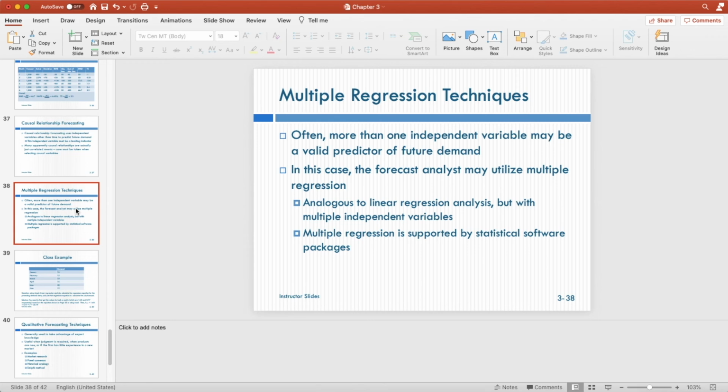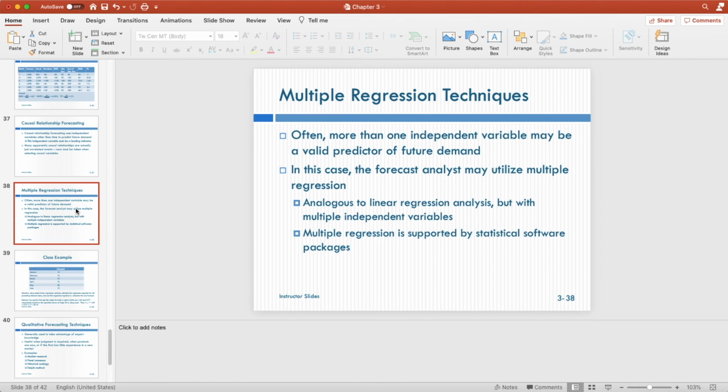We just talked about simple linear regression. Here, further, we can also have multiple regression. The key idea of simple regression and multiple regression is exactly the same. The only difference is that if you have one independent variable, it's called simple regression. If you have more than one independent variable, it corresponds to multiple regression.